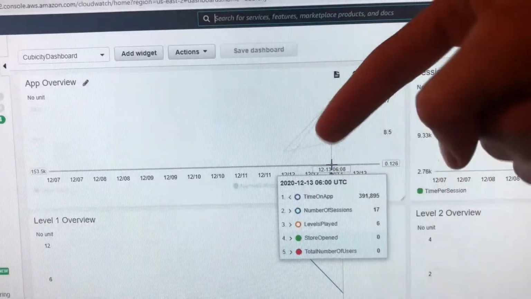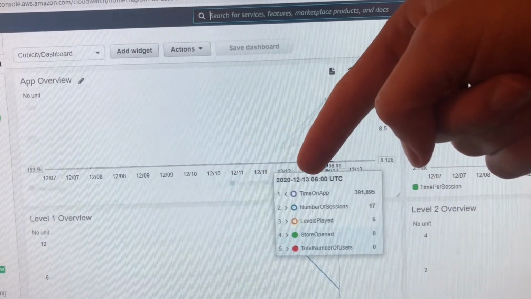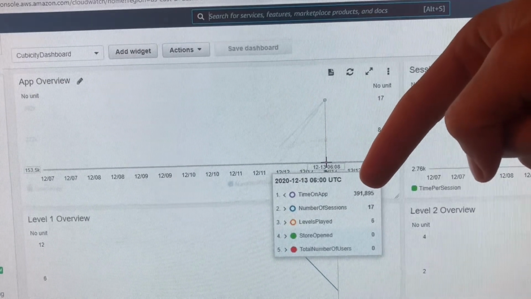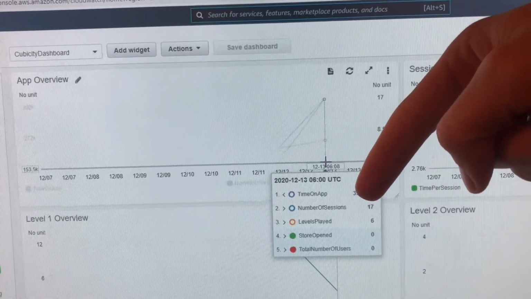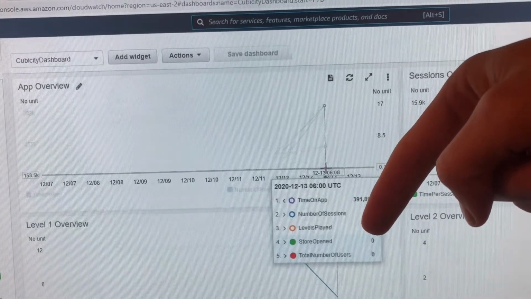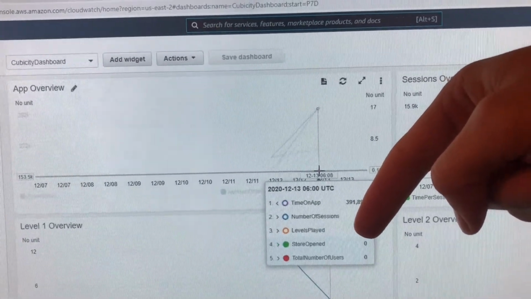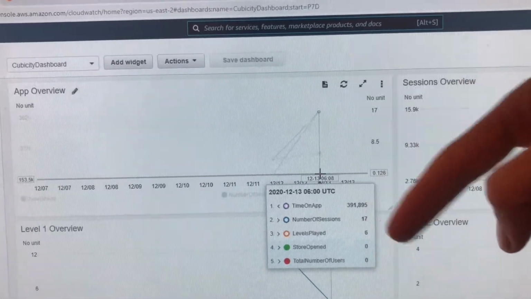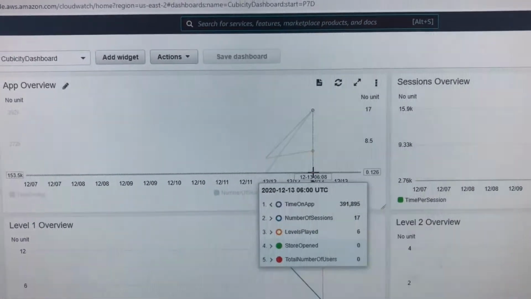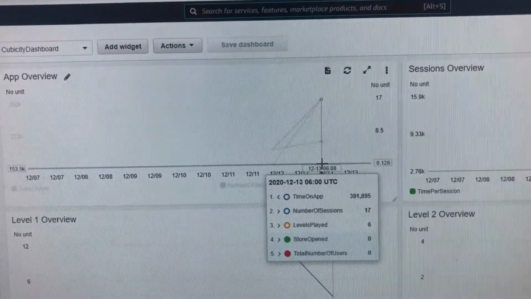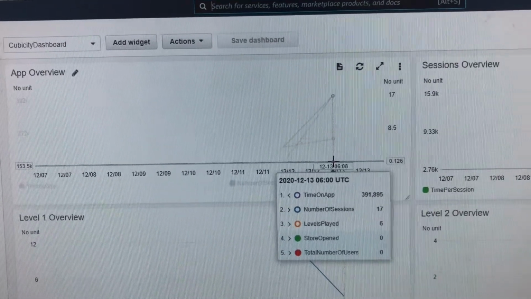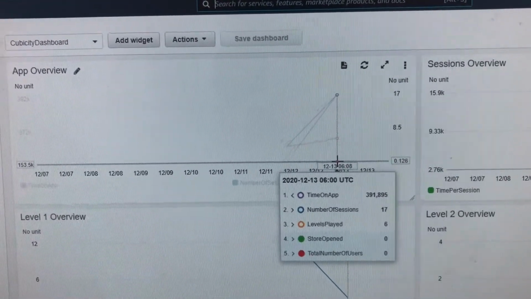Oh yeah, so I can see that on December 13th, I had 391 seconds of playtime, 17 sessions, 6 levels got played, and the store got opened 0 times. So maybe, if this was real data, that would either mean there's not enough reason to open the store, or the store isn't obvious enough to find. But now I have some feedback that maybe I need to figure out how to get that store to open.